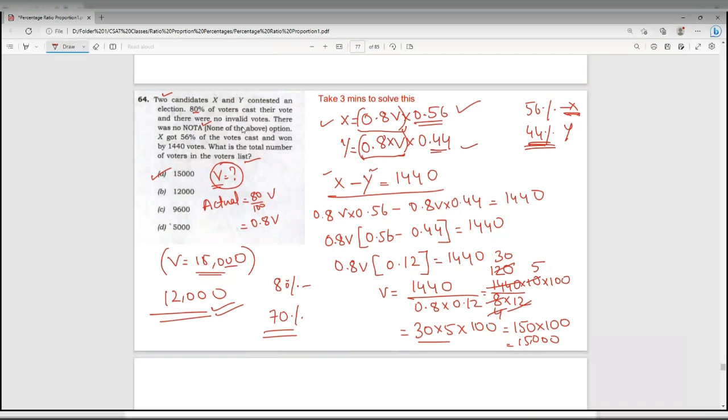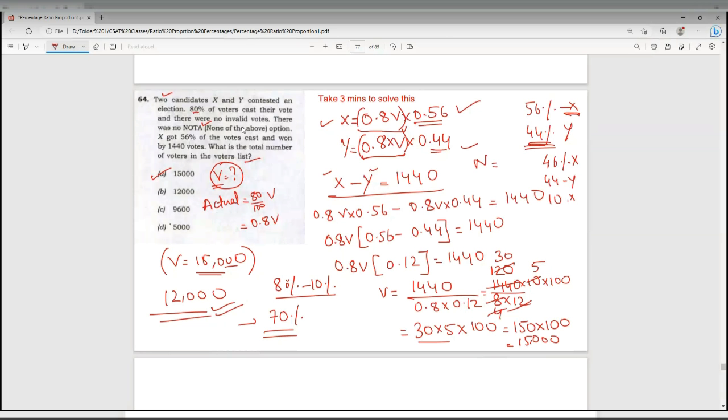So from 80% we had to remove 10% here if there were invalid votes. And if there were NOTA, we would have taken NOTA as n, and then calculated the remaining number here. For example, they would have given 46% voted for X, 44% voted for Y, 10% voted for NOTA.